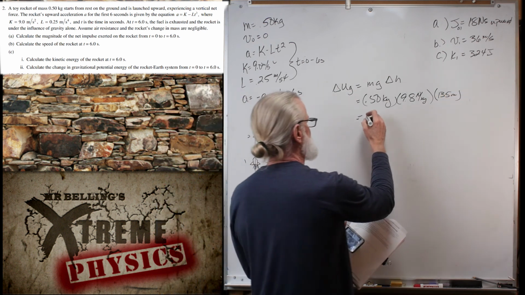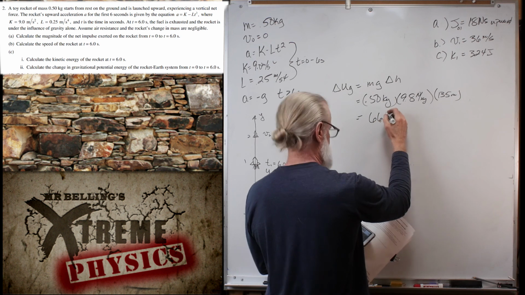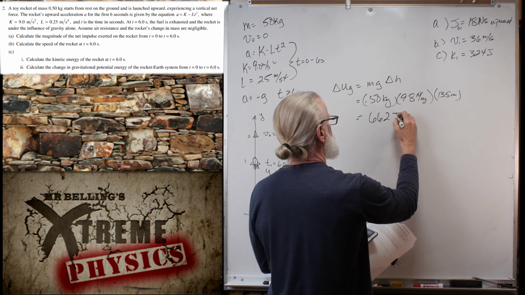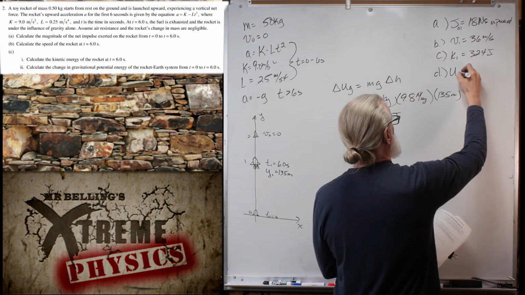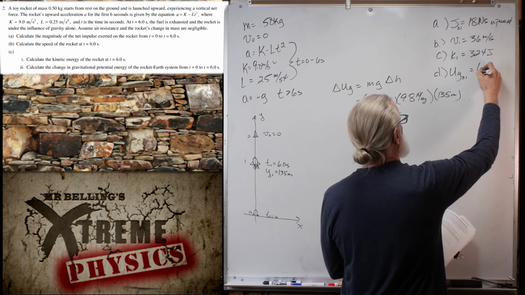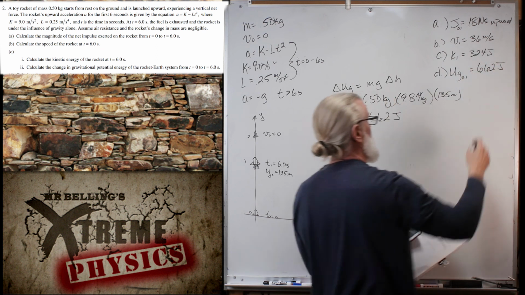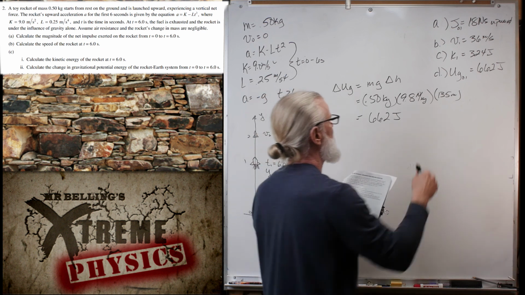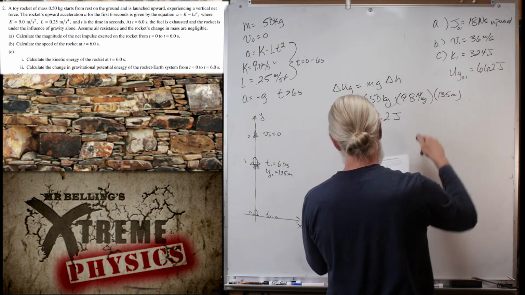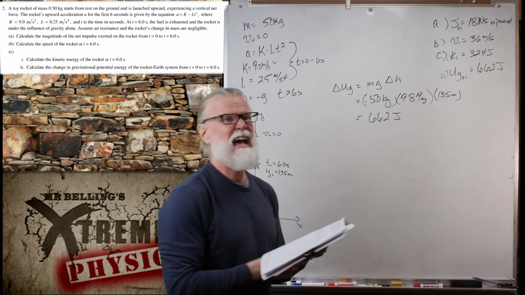That's 662 joules. UG from 0 to 1 equals 662 joules. Oh no, that's not right. That's not D. That was I and I.